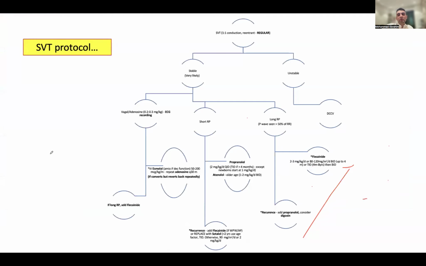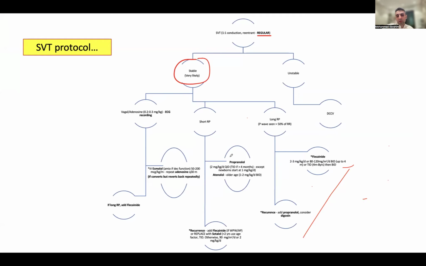So when I came to Kuwait, I tried to create a protocol, which I briefly already mentioned. Like we said, if you have a regular narrow complex tachycardia with 1-to-1 P to QRS, mostly it's a stable rhythm, and then you do adenosine or vagal maneuvers.